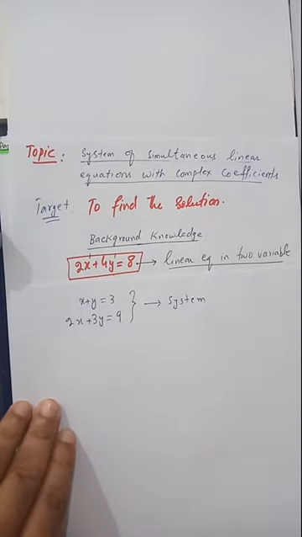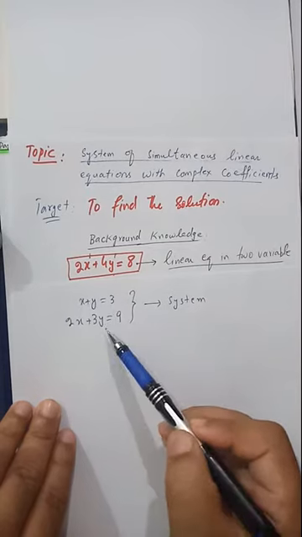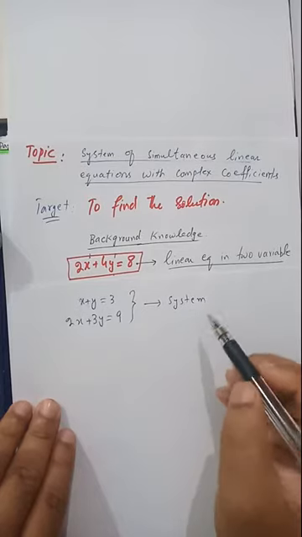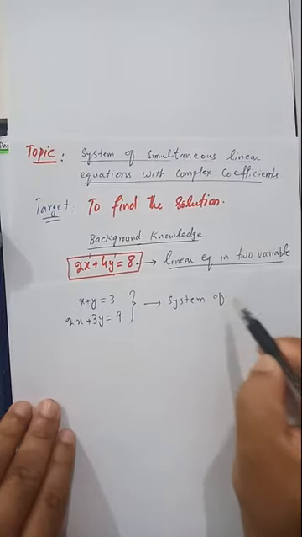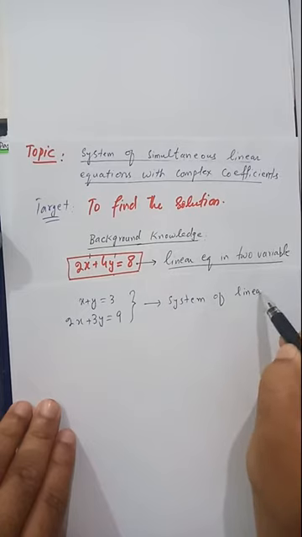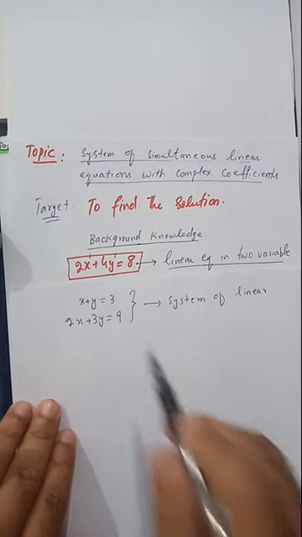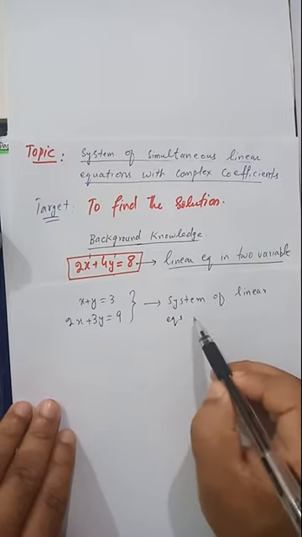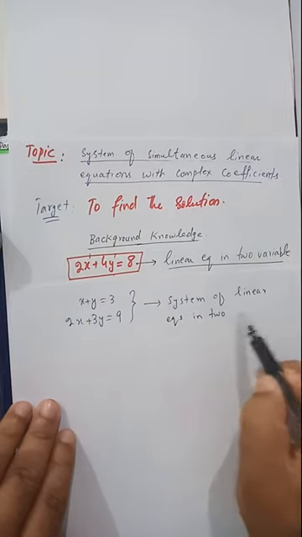When you write 2 or more than 2 equations combined, this is called a system. This system contains 2 equations, and both the equations are linear equations in 2 variables. So I can say that this is a system of linear equations in 2 variables, because the system contains 2 linear equations.